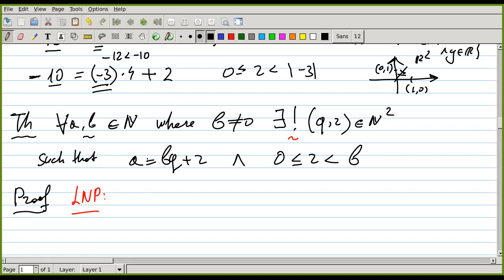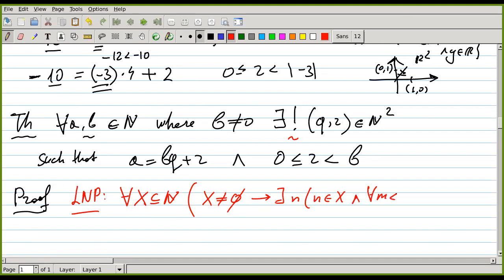The least number principle in its form for sets says that for every set X of natural numbers, if this set is not empty, then there exists a number n which belongs to X, so that every number which is less than n does not belong to X. Or otherwise, I can state it the following way.